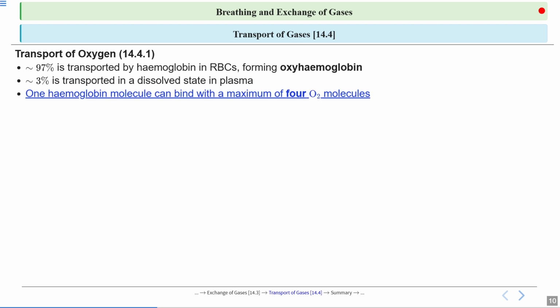One hemoglobin molecule can bind with a maximum of 4 oxygen molecules.